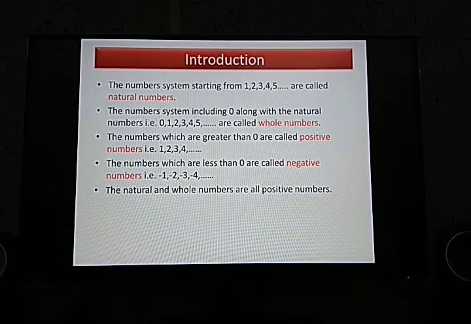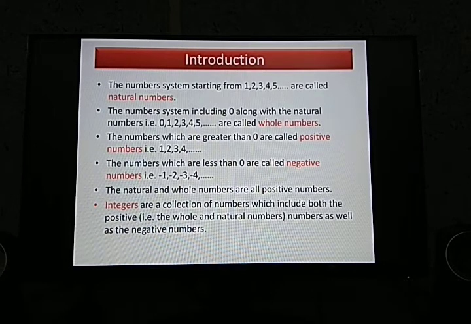Clear? Now, what if we have to deal with these negative numbers? Then this number system, such as the natural numbers or the whole numbers, cannot deal with it. So we need a new type of number system. So here comes the need of what we know as integers.